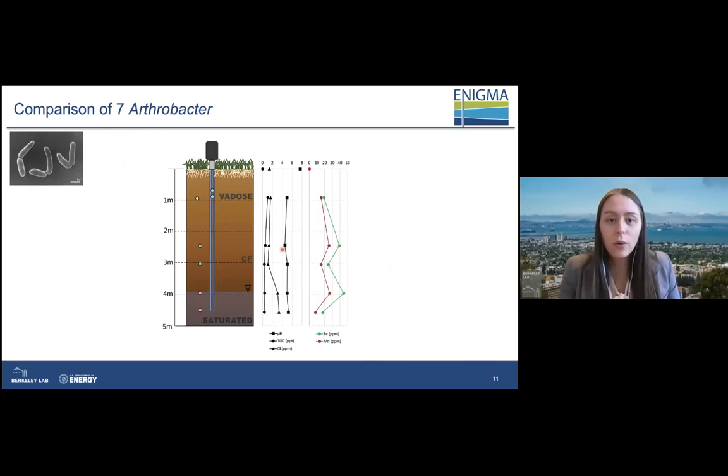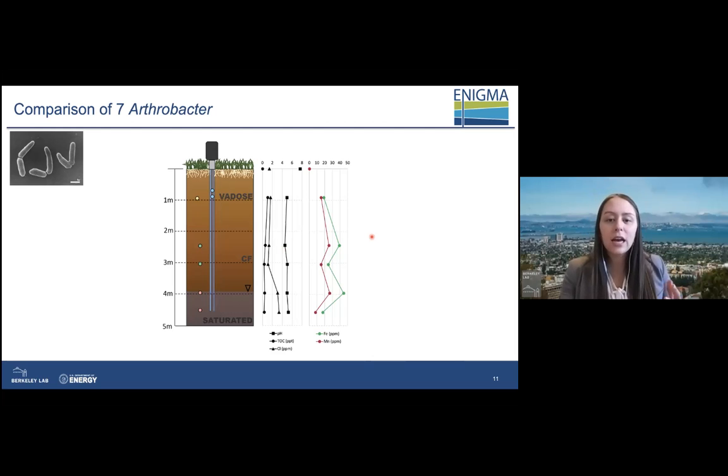To start looking at these Arthrobacter, we want to see why different Arthrobacter that are different strains and supposedly have different functions are located in all of these different zones. So we first tried to connect phenotype to ecotype and see if we could connect some of these geochemical parameters from the actual sediment and groundwater samples to laboratory-assayed phenotypes of these Arthrobacter.